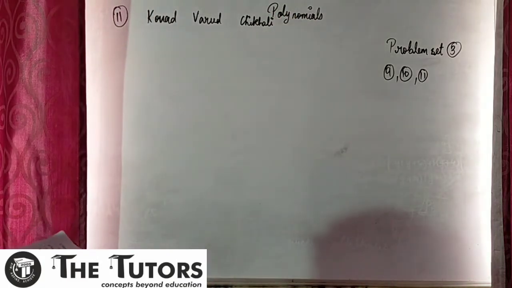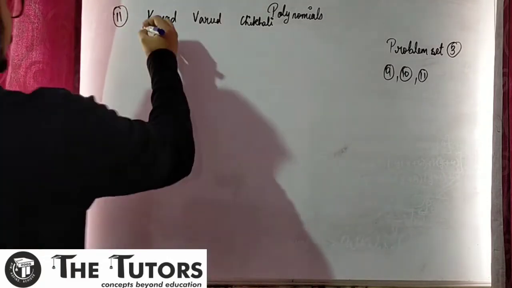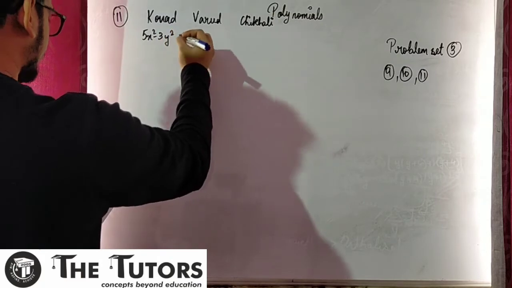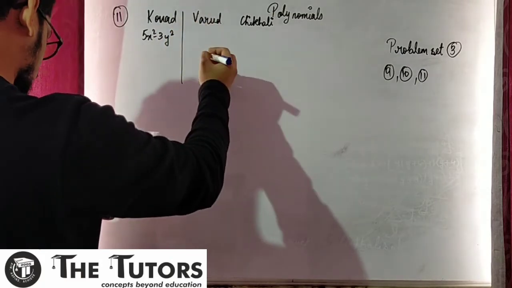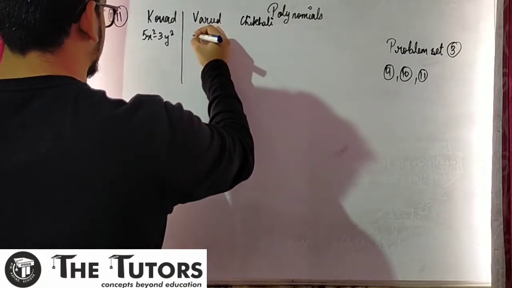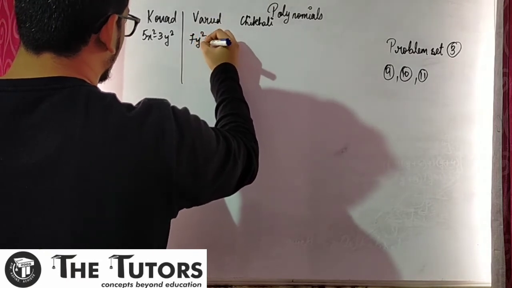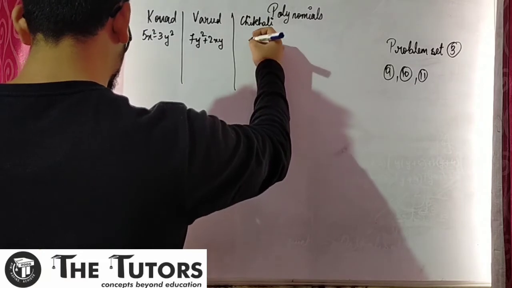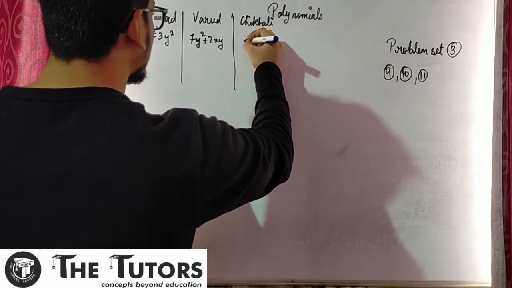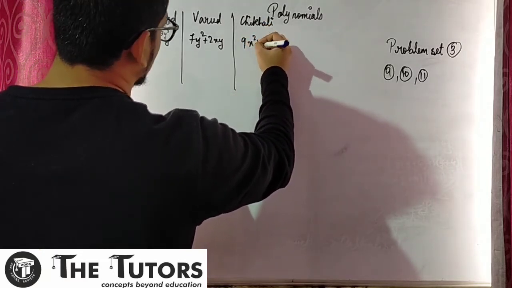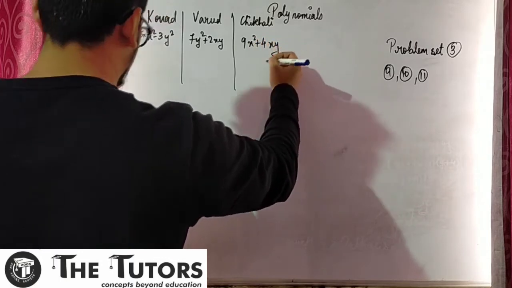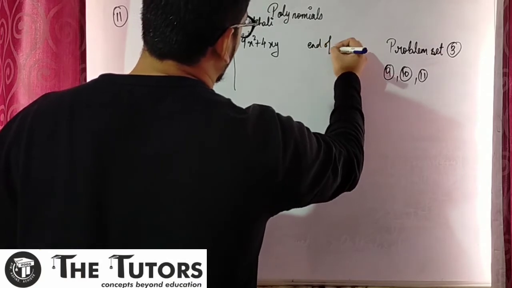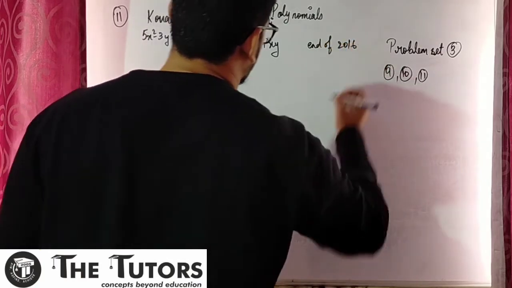Koward, Warur and Chikhali is 5x square minus 3y square, then 7y square plus 2xy, and 9x square plus 4xy respectively at the end of 2016.